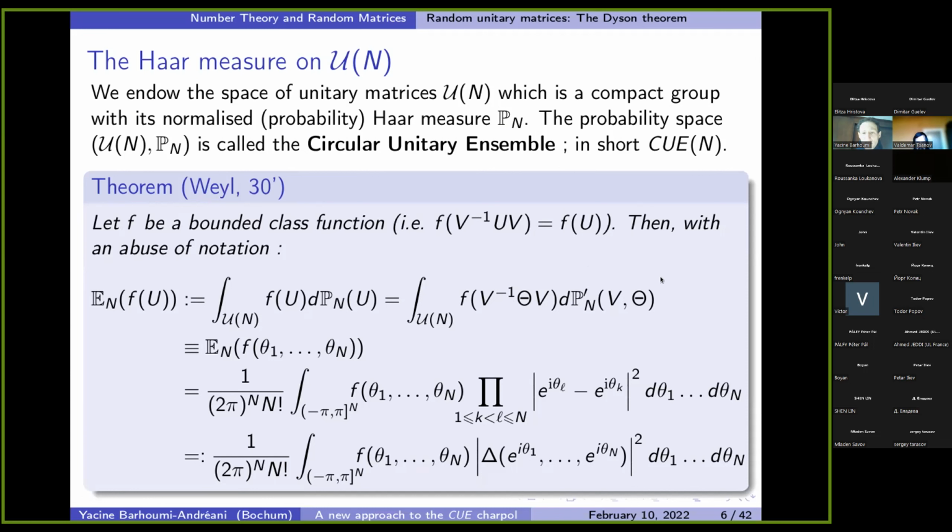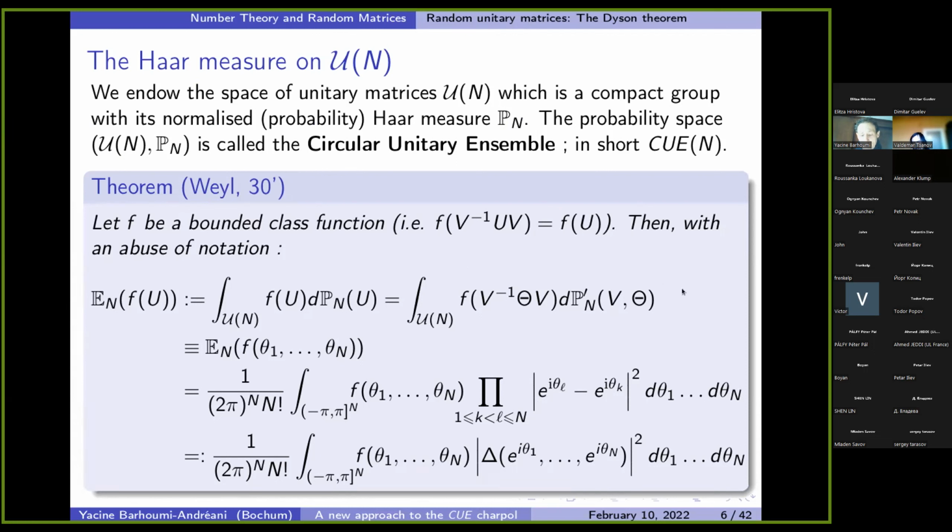You can disintegrate the Haar measure of the unitary group with respect to this map. If you compute the Jacobian of the map, the complex Jacobian, namely you have to take the square, you find this function, which is the squared modulus of the Vandermonde determinant.